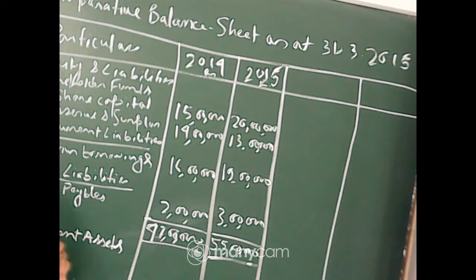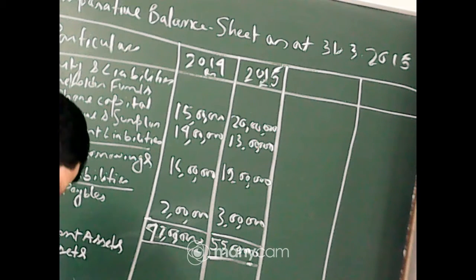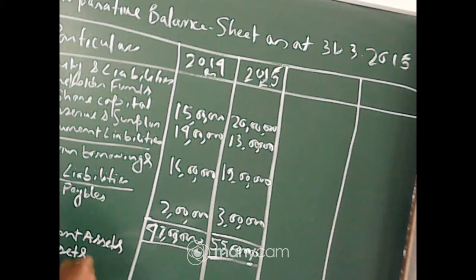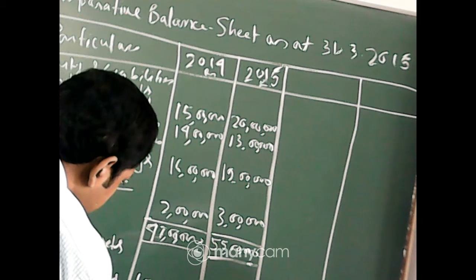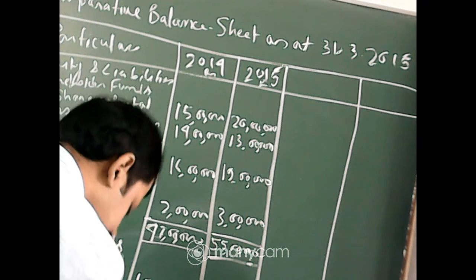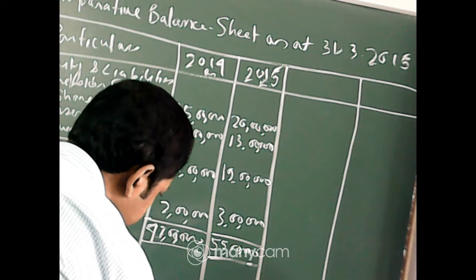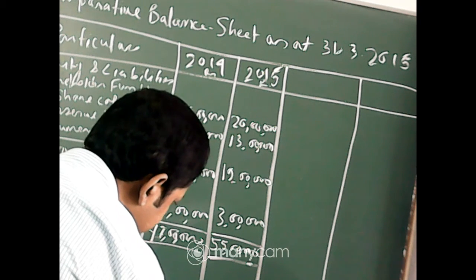Under fixed asset, which assets are there? One is tangible asset. The value of tangible asset last year is 15 lakh and this year is 20 lakh.